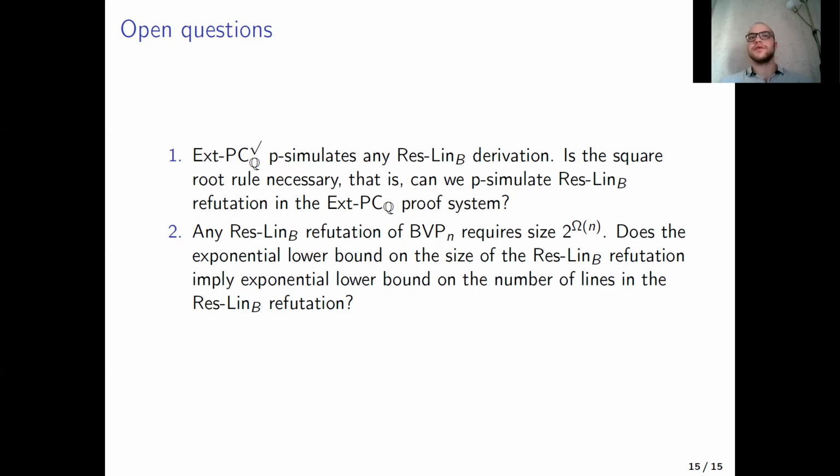Does the exponential lower bound on the size of any Res-Lin refutation imply exponential lower bound on the number of lines in the Res-Lin refutation, which means can a refutation with a big constant be simulated with the refutations with a small constant, which is also a really interesting question.